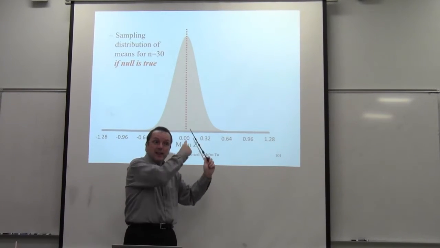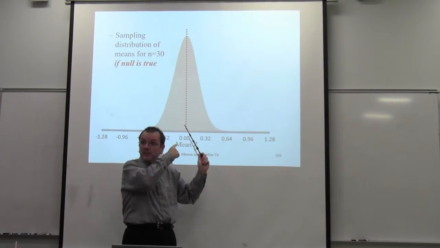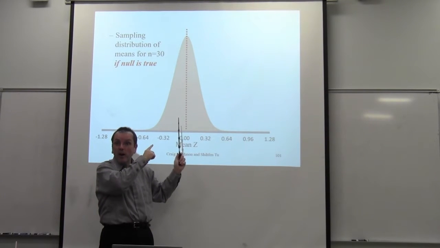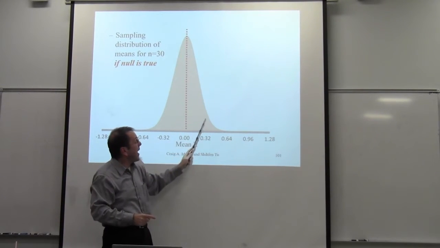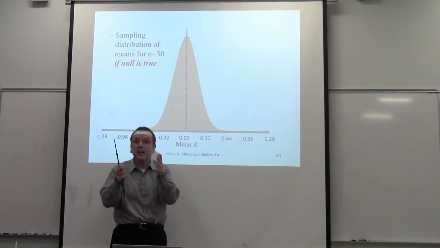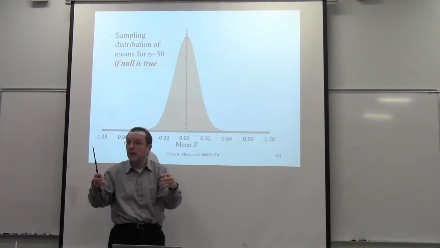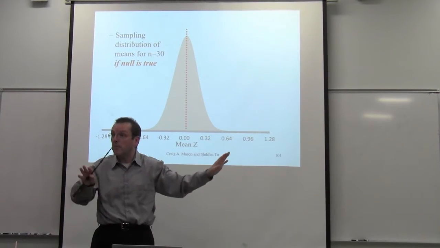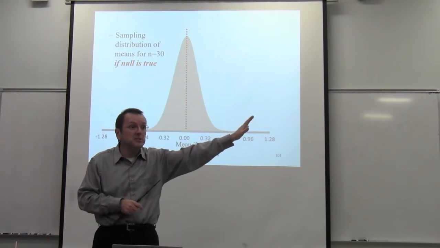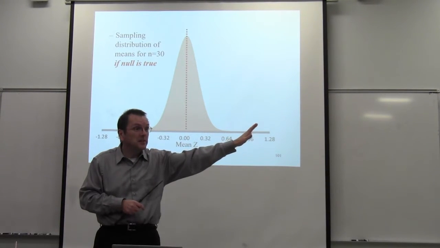I have to look at the null hypothesis distribution, the distribution assuming nothing's going on, and ask myself, how extreme does this score have to be? How extreme does the average for that sample need to be for me to say it's so unlikely that I'm going to reject the null hypothesis? We'd only see it 5% of the time or less.